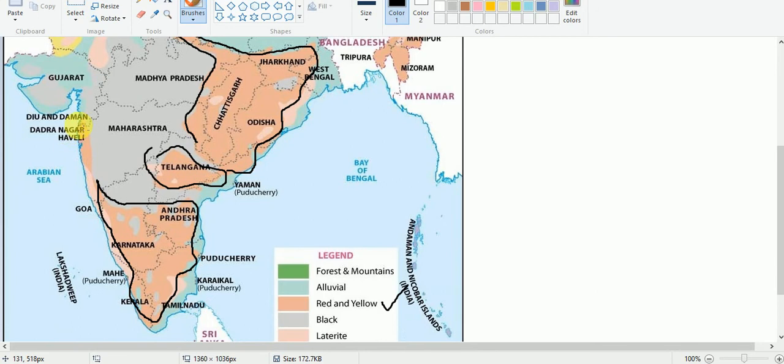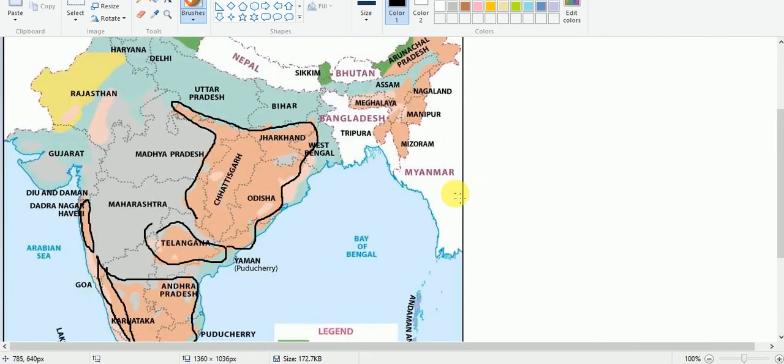And here in the Western Ghats also, we find red and yellow soils in the Piedmont zones, in the foothills of the Western Ghats.